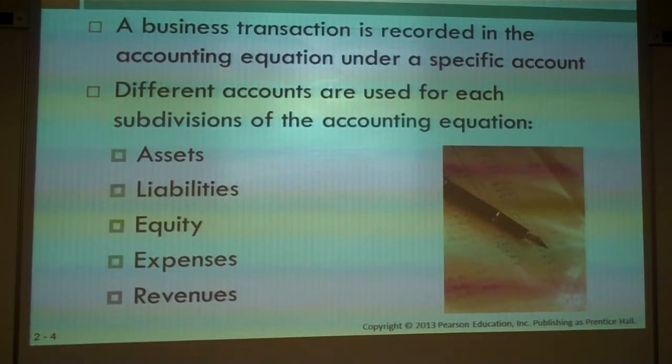The revenue depends on what kind of a company it is. What were some of the revenues and the problems that you did for homework? Legal fees. Typing. It's however that business is making its money. Right, one was a catering company.